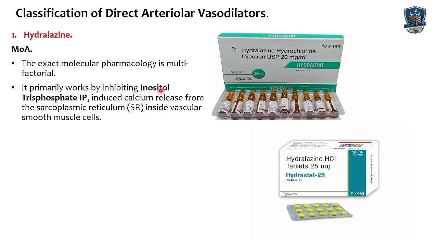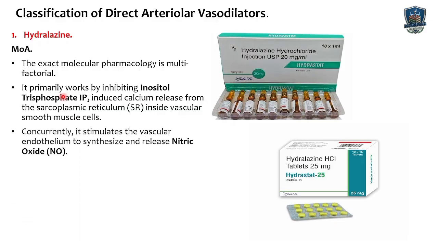And remember, IP3 was the major mediator when it came to vasoconstriction. Remember in my previous slide, IP3 always causes the release of calcium from the sarcoplasmic reticulum. So hydralazine inhibits IP3.